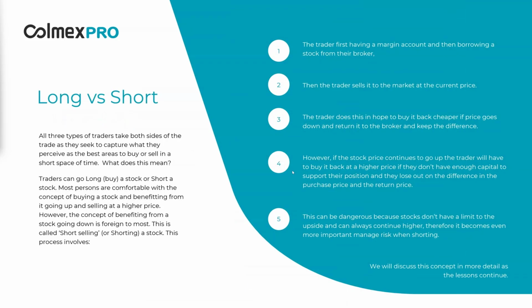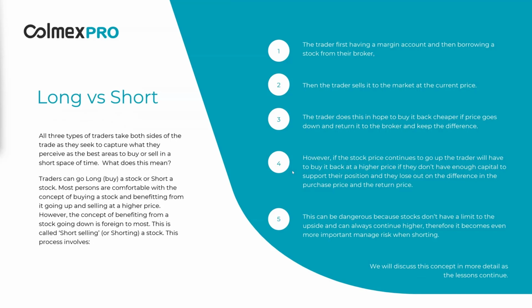So now that we know the types of trading involved, let's also talk about the types of positions a trader can take. These are long versus short. All three types of traders will take both sides of the trade as they seek to capture what they perceive as the best areas to buy or sell in a short space of time. What does this mean?